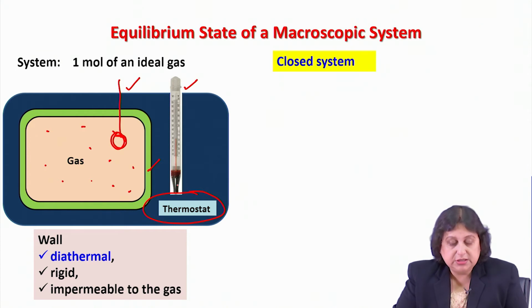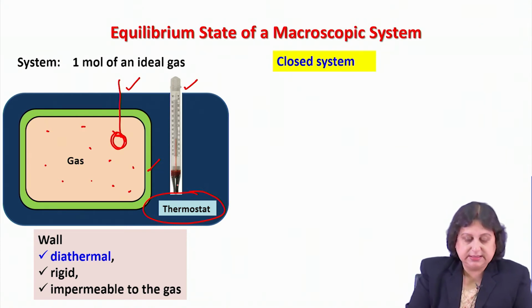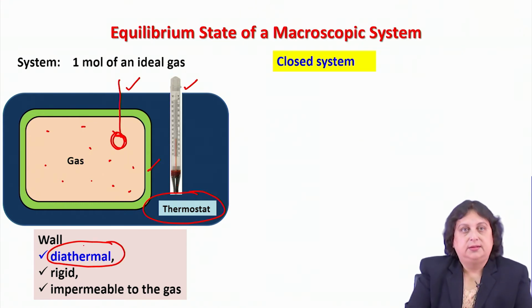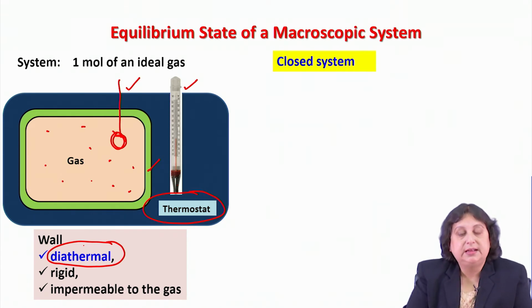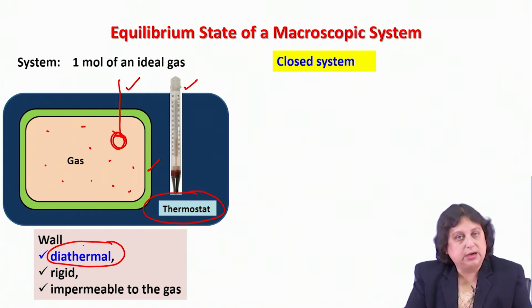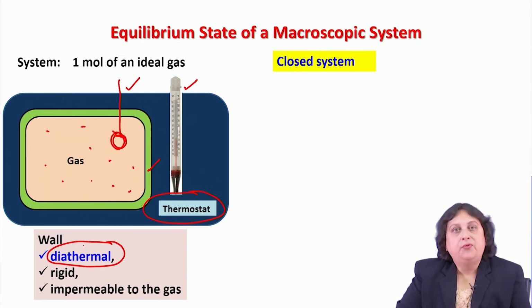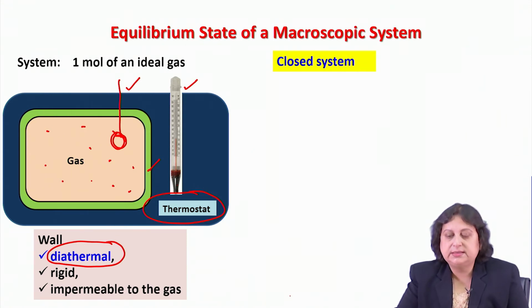Please note that unlike the isolated system, the wall is now diathermal. That is because I have stripped out the insulated layer. So the wall is made up of stainless steel only, which is a metal. It is a good conductor of heat, and therefore now heat can flow across the wall from the system to the surrounding or from the surrounding to the system.